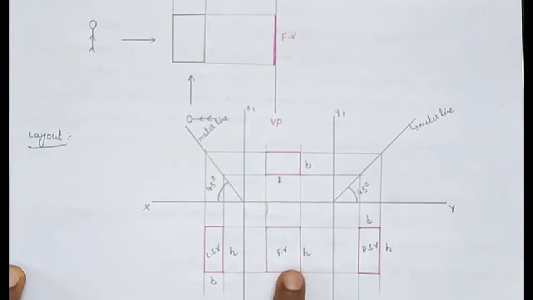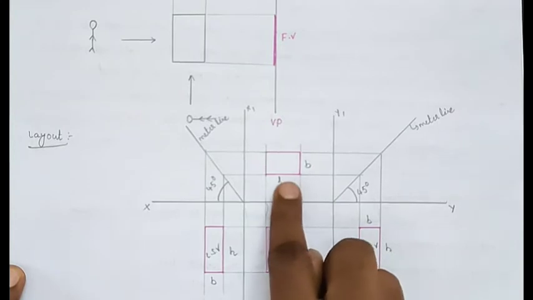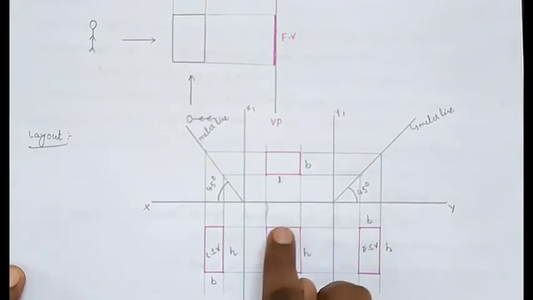After drawing the front view, we will draw the projectors in a vertically upward direction and draw the top view. Take some distance from the reference line and draw the top view. The top view of the object shows the length and breadth of the object. After drawing the front view and top view, we will draw the side view.